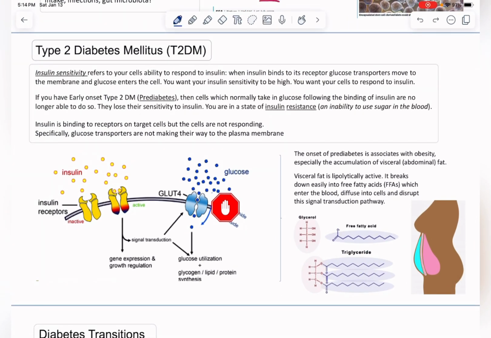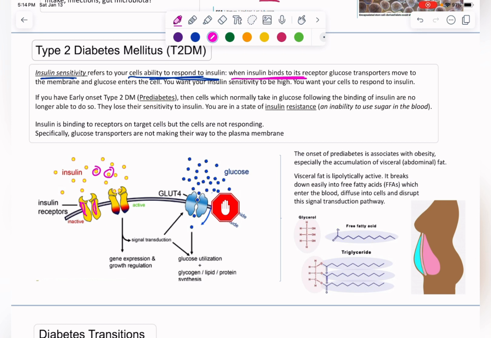And then we have type 2 diabetes. And when we talk about type 2 diabetes, we have to consider something called insulin sensitivity. Insulin sensitivity refers to your cell's ability to respond to insulin. So basically, when insulin binds to its receptor, and that's what we have going on here. Here we have insulin.